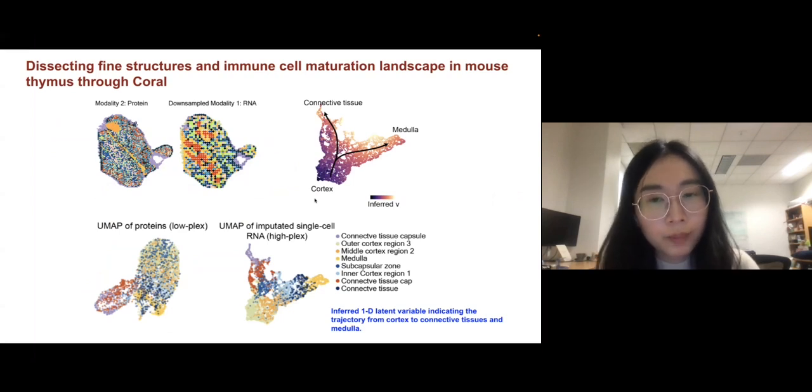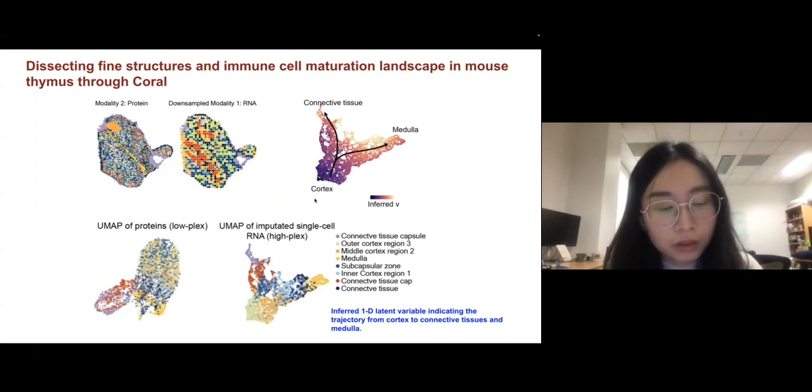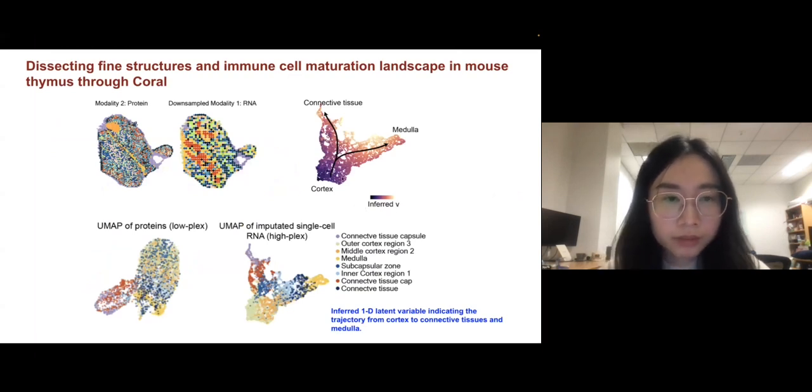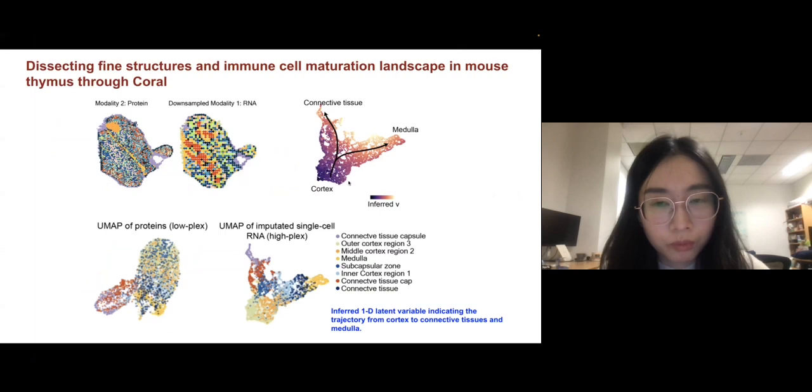Then we also want to indicate what other variables can give us. For example, we have the inferred variable V, and something very interesting came out. Here is the map of the protein, which is highly mixed because the protein is very noisy, and we have the decomposed results.